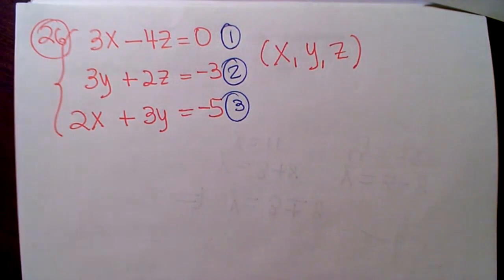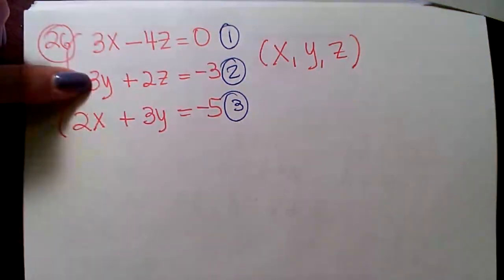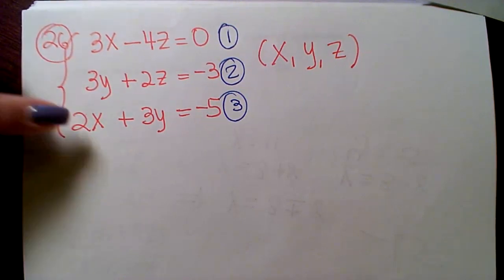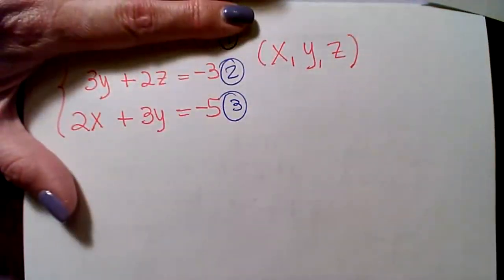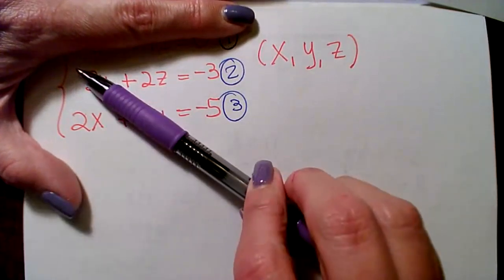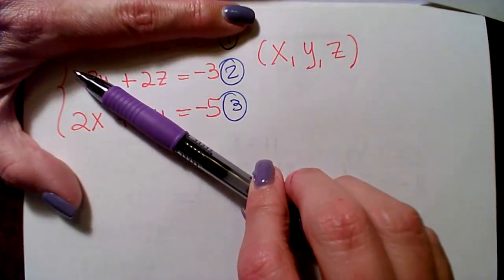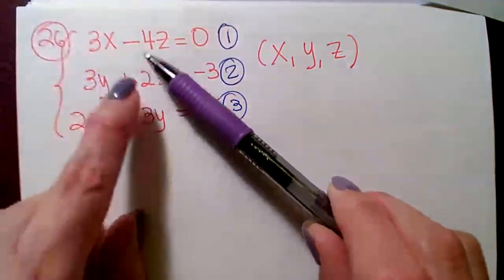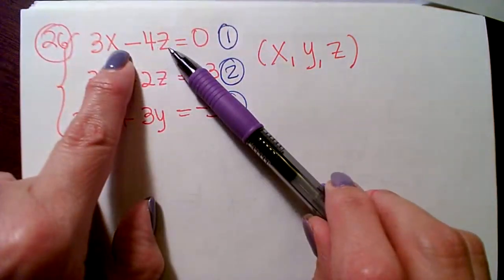So if I take, I can take, I don't have to, I could take the second one and the third one, right? And solve it for y, I mean, eliminate y. And I get x, z. And I come over here and I work with the first one.